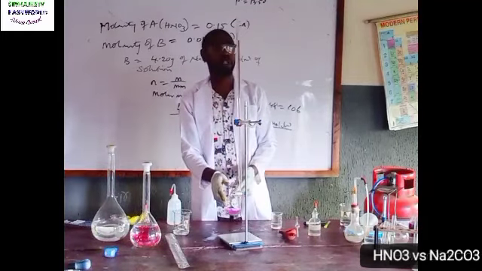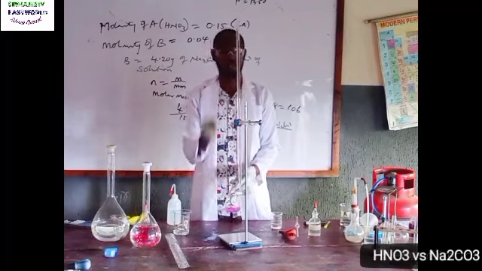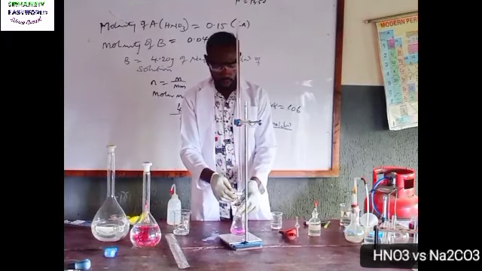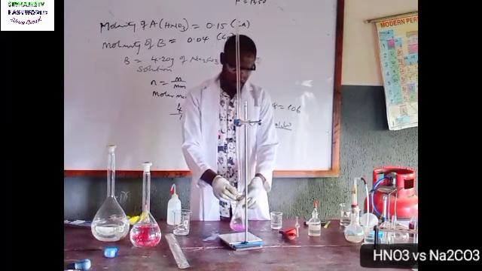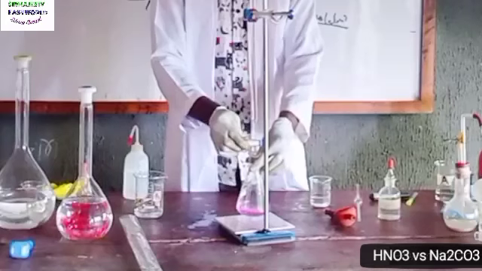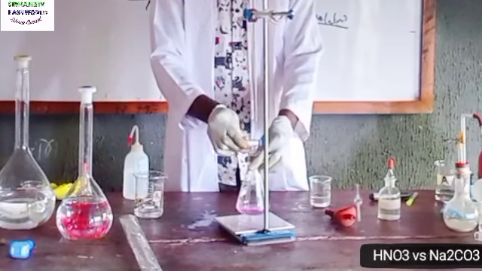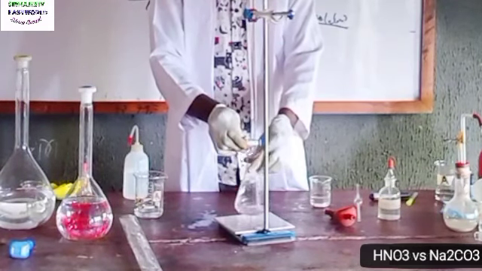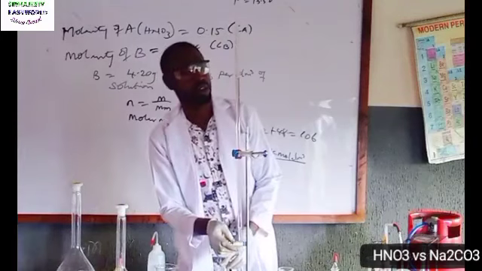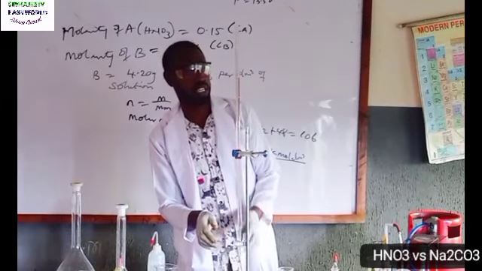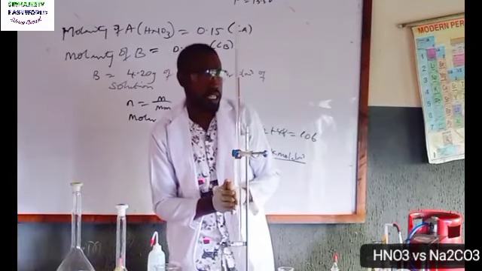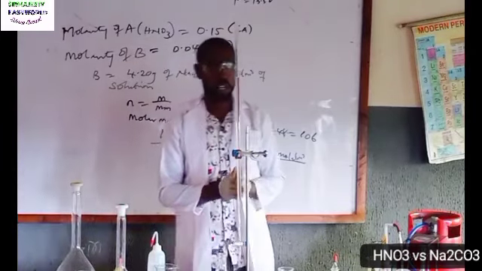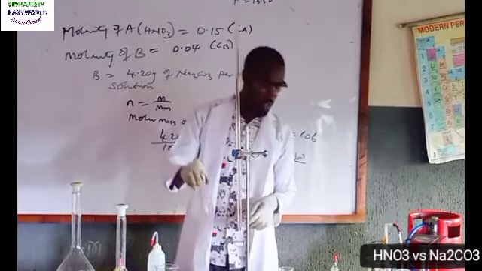So initial is 0.0, okay, it has dropped to 0.1. So I will now add gently. Let's see the difference between the endpoints when we use methyl orange and when we use phenolphthalein. See, it's giving us 8.6 minus 0.1, that's 8.5 when I use phenolphthalein.